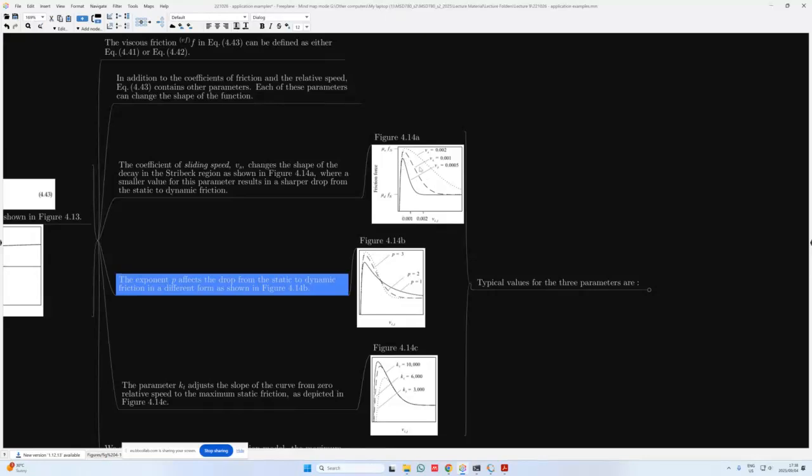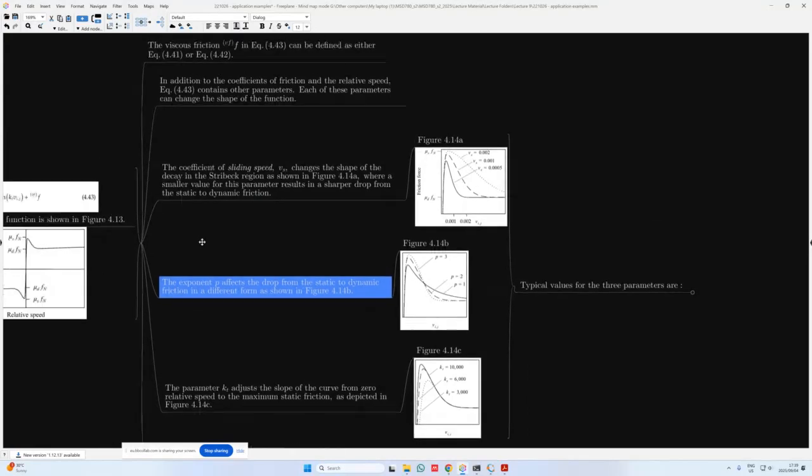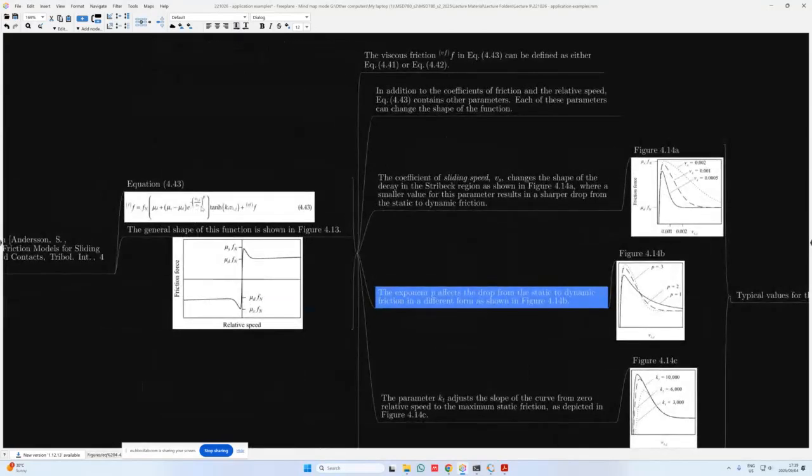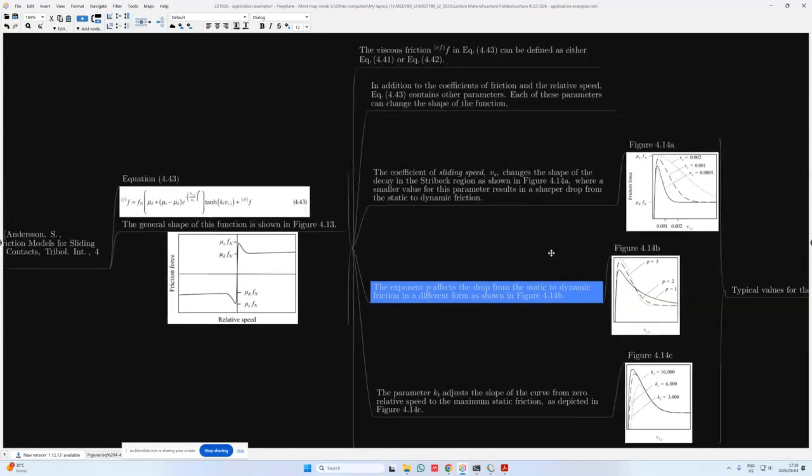It basically makes this curve less or more gradual across V_ij in this case. So a smaller value for this parameter results in a sharper drop from the static to the dynamic friction. Just to show you, V_s is over here used as the denominator when we work with the exponent for this term, this first term in equation 4.43.